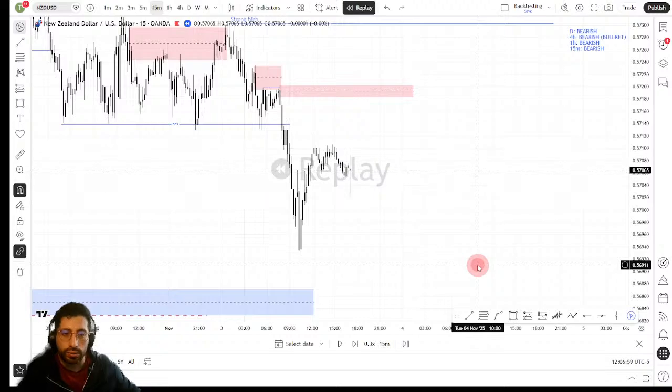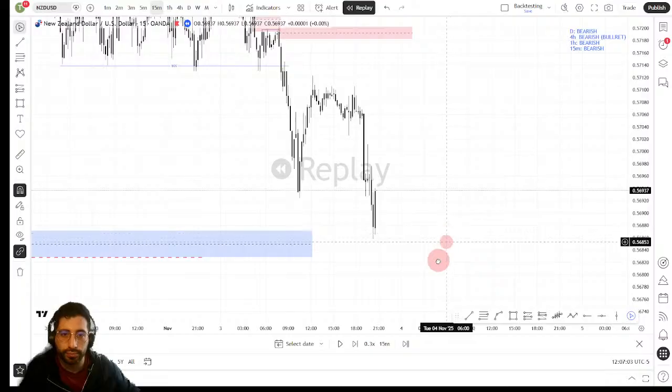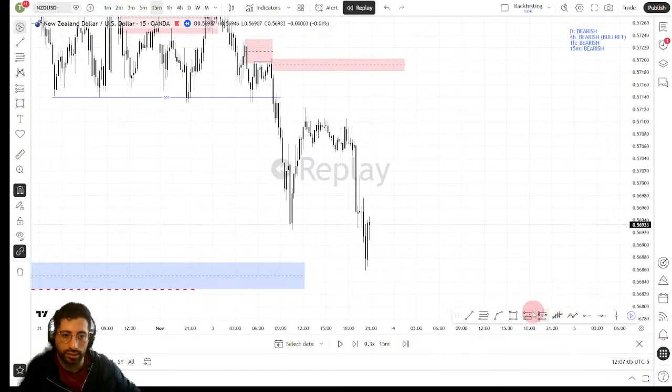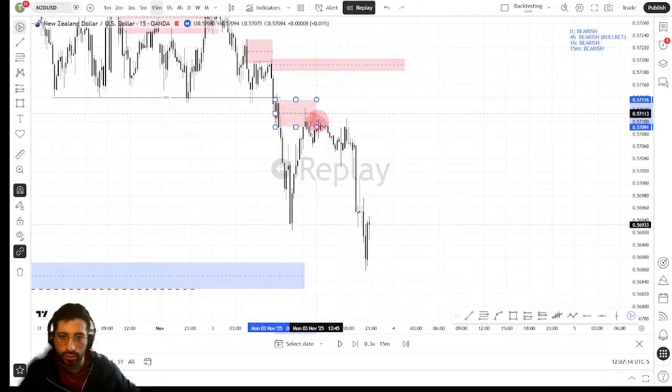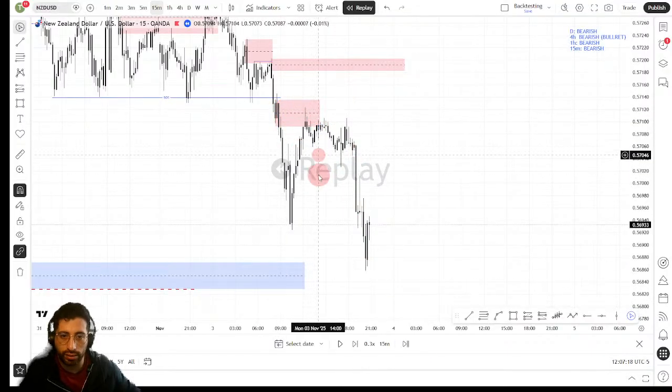Let's see what happens. All right. It never gets to those, but it gets to this one. Good, which is fine again. It entered here, and then it continued, and it mitigated this.